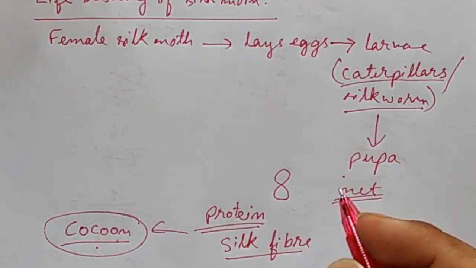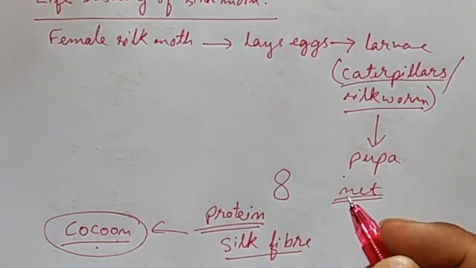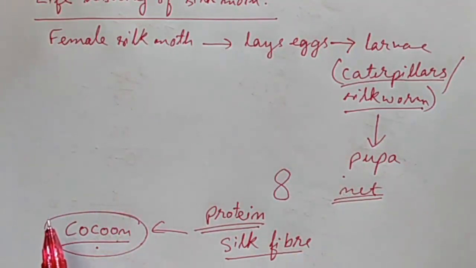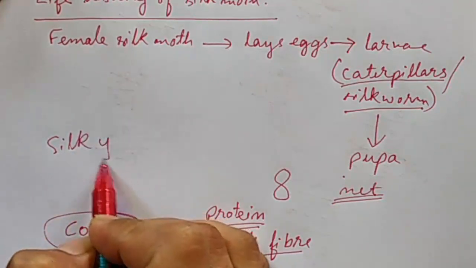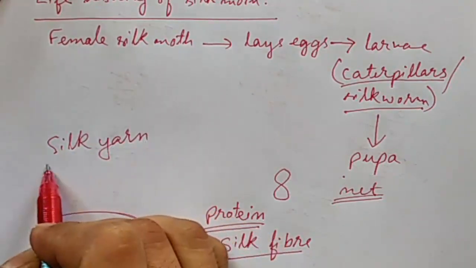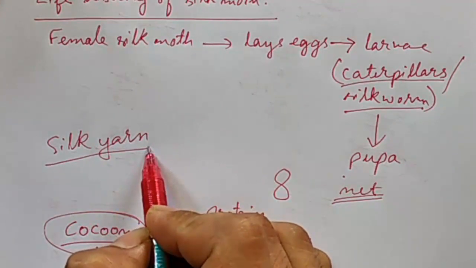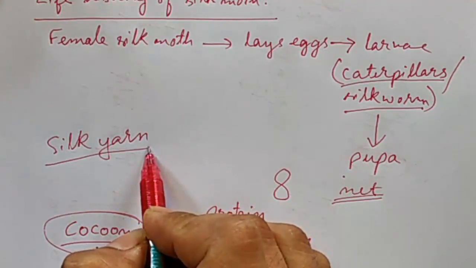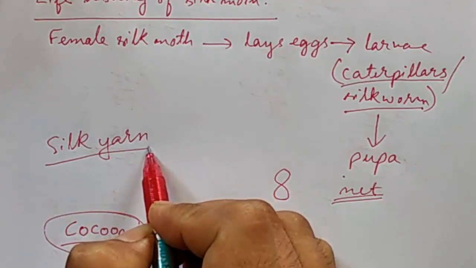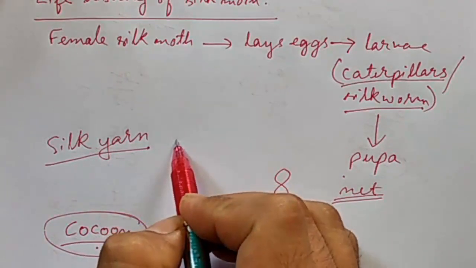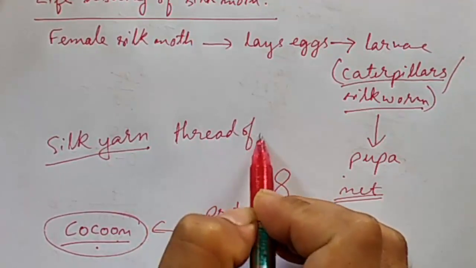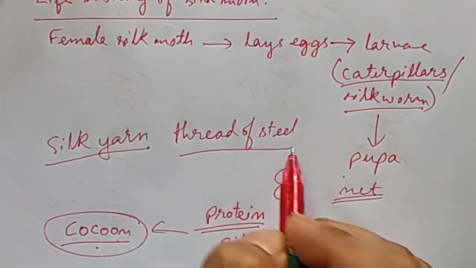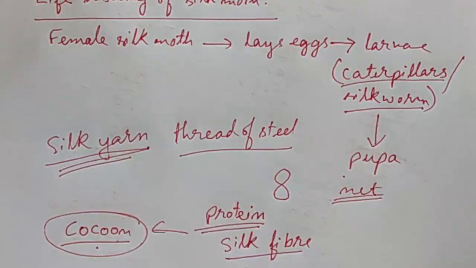Silk fibers are used for weaving silk cloth. We have to know that the soft silk yarn is very strong, comparable to a thread of silk, which means it is very strong.